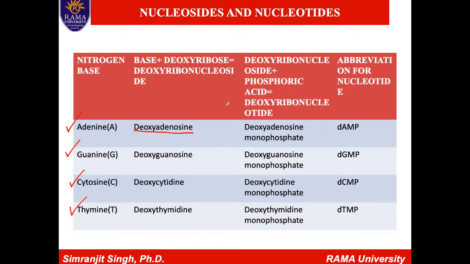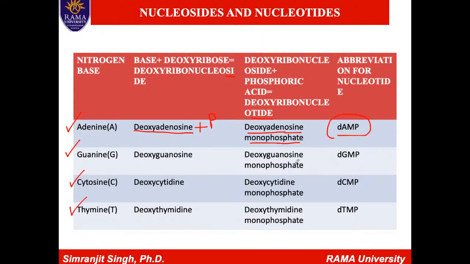But if a phosphate group is present, it will become a deoxyribonucleotide. So we will put T at the end, and here we have S at the end. This name will be deoxyadenosine monophosphate, because a phosphate group is added, and the short form of this will be dAMP.